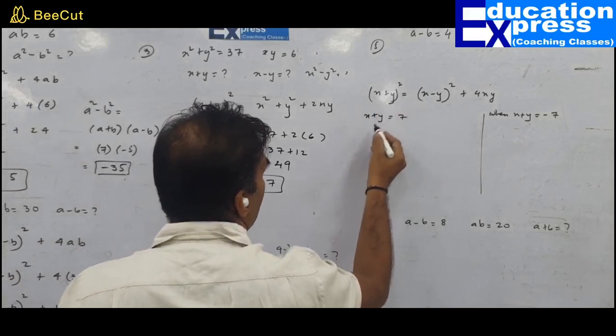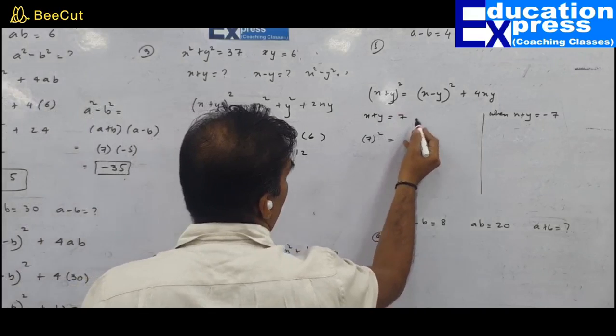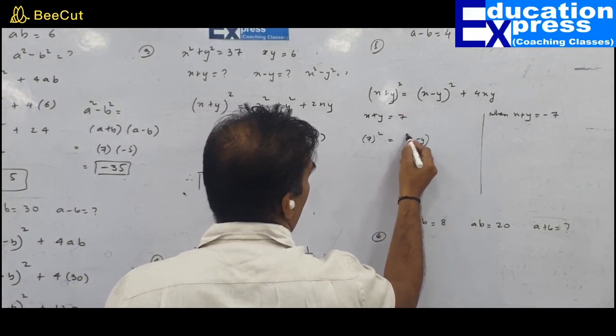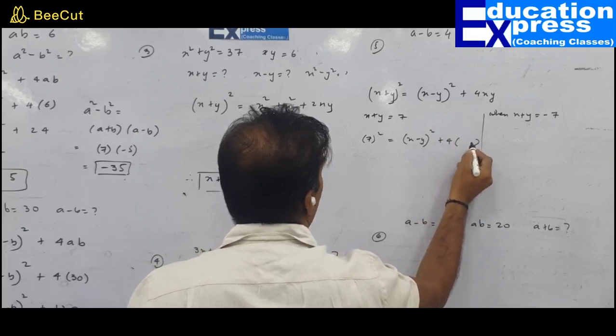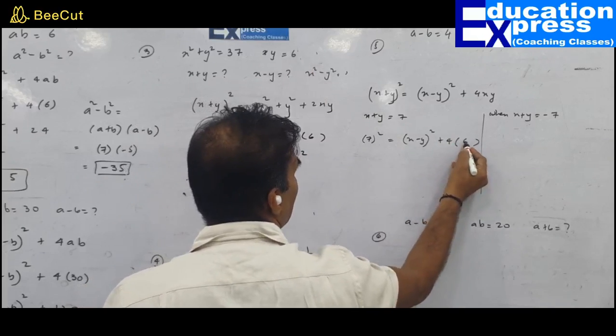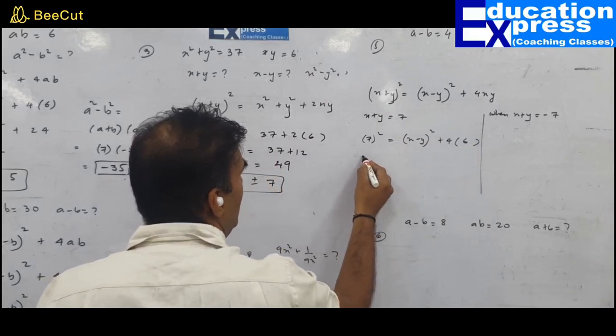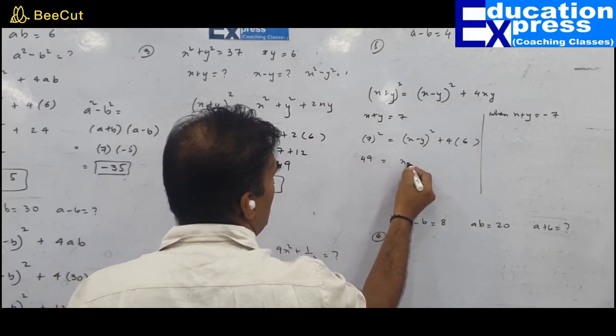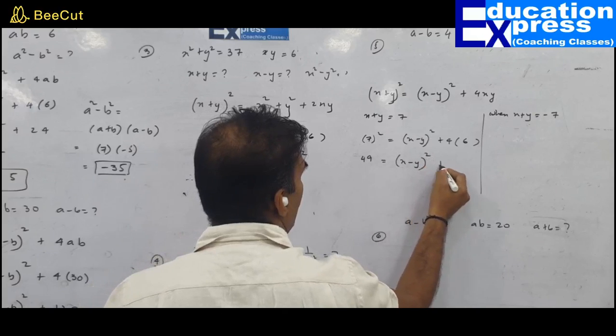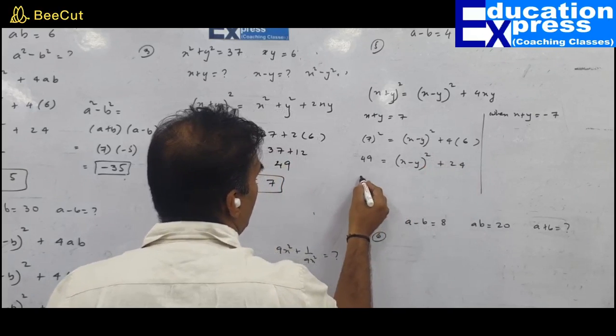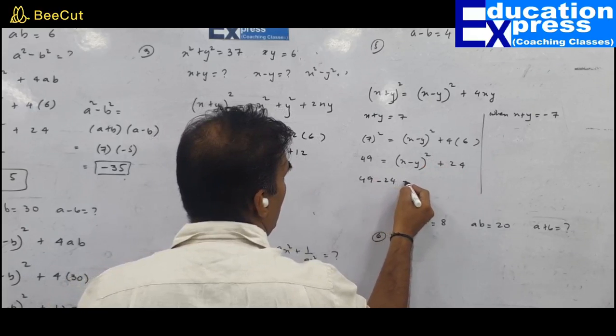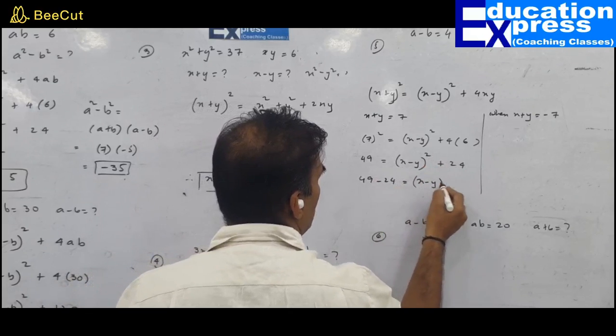How do we apply? Put the value: 7 square equals (x minus y), we have no idea, plus 4xy, and the value of xy remains 6. Solve it. 49 equals (x minus y) whole square plus 24. Therefore 49 minus 24 will give you (x minus y) whole square.